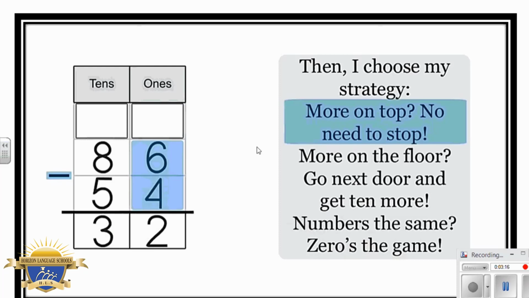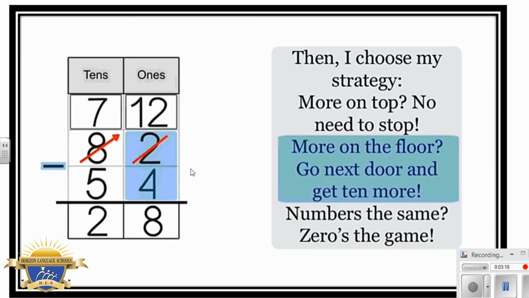But if we have more on the floor, for here is more than 2, so I can't subtract number 4 from 2, right? I have here just 2 fingers. Can you take away 4 fingers from the 2? No, I can't. So what should I do?